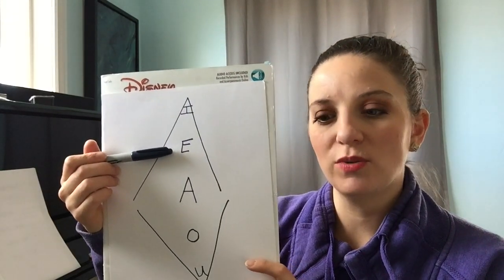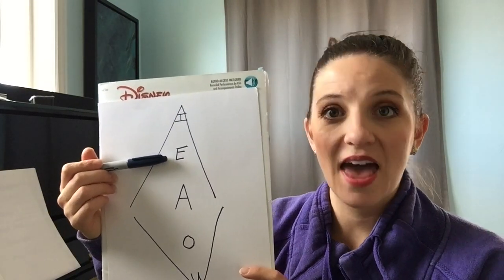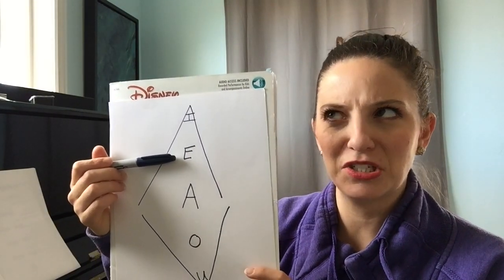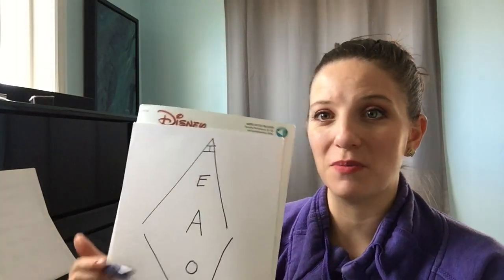In terms of when you say words like met, head, said, which is A, but it has this eh sound, right? So sometimes, like in the word said, it's spelled S-A-I-D, but when we say said, we don't say said with that hard A, we say said.